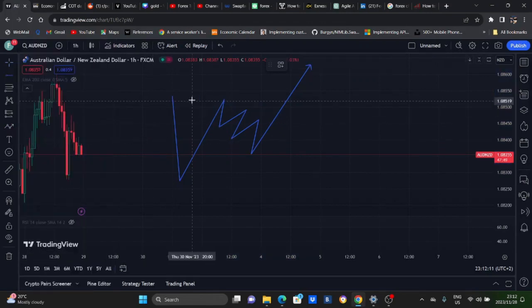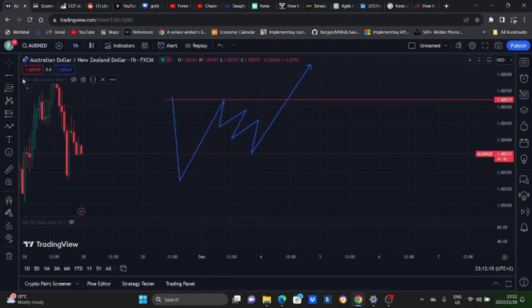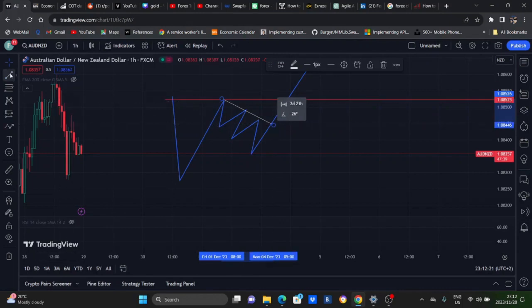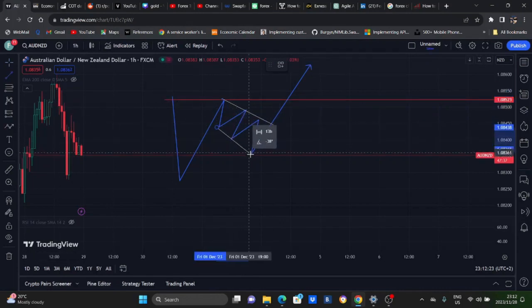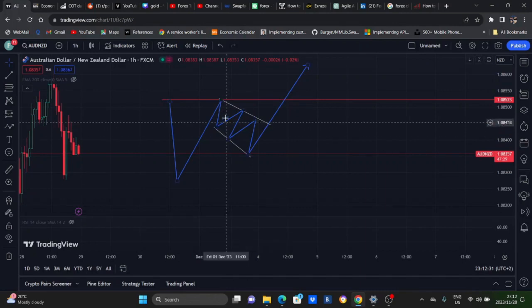So most traders get taken out around this level, because what are they thinking? They're thinking, okay, this is a resistance level, so we expect the price to bounce from here, then go back down. And it gives them this.